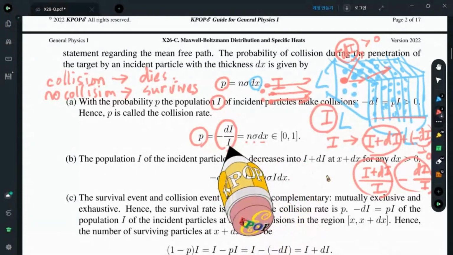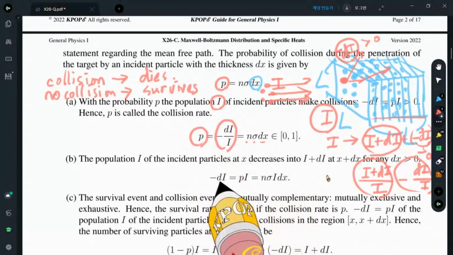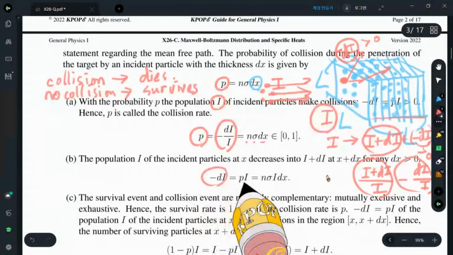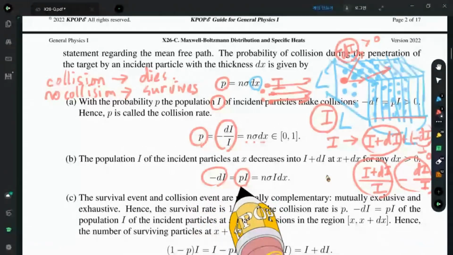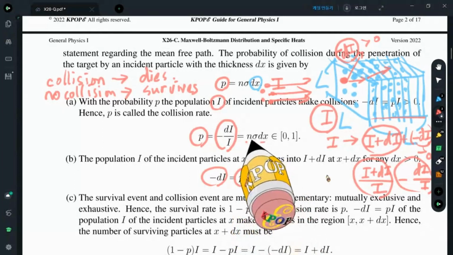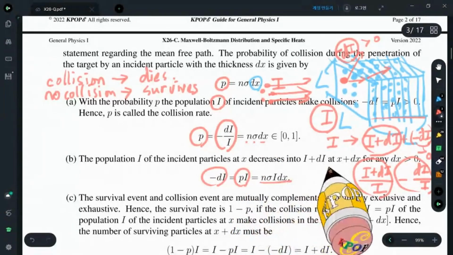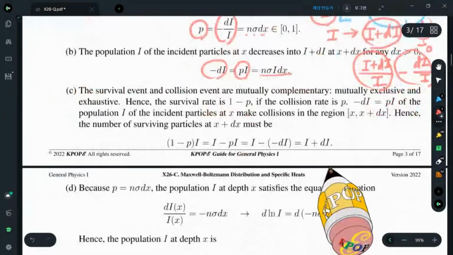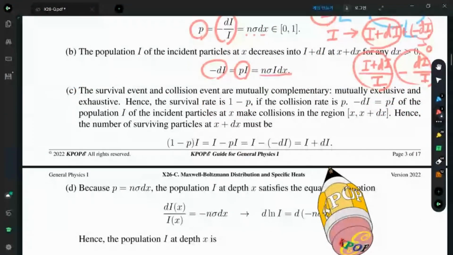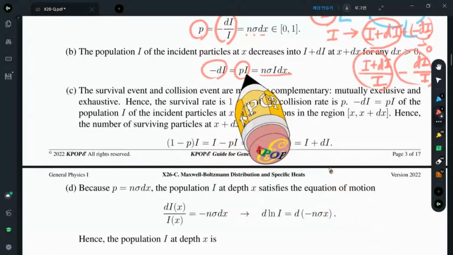We multiply I to both sides, then minus dI is pI, and then it is expressed in terms of this.